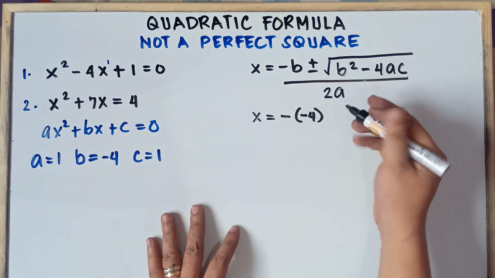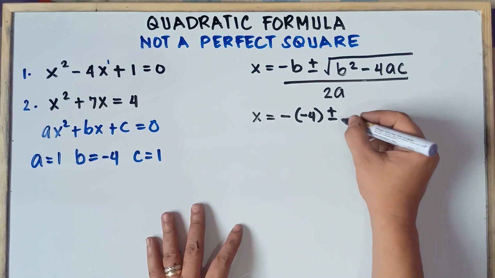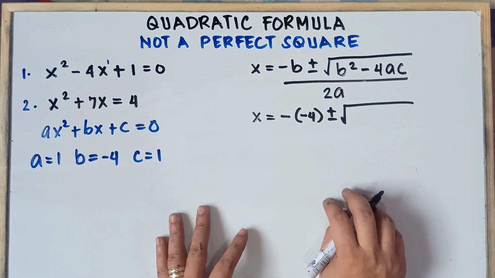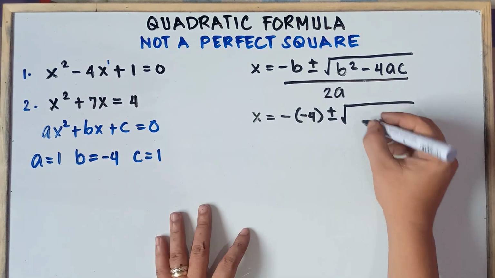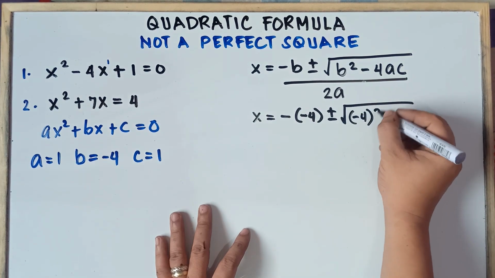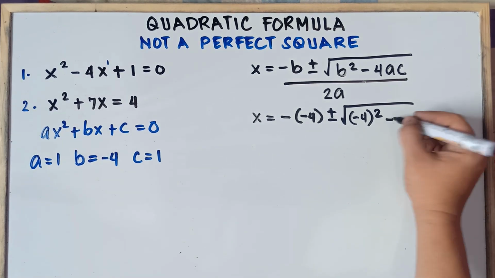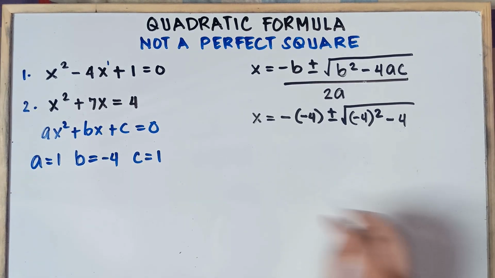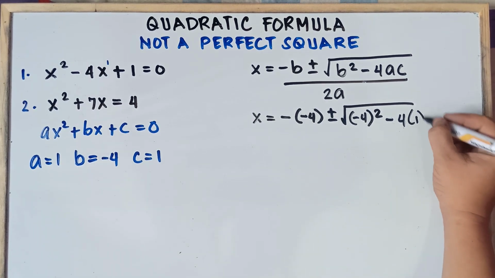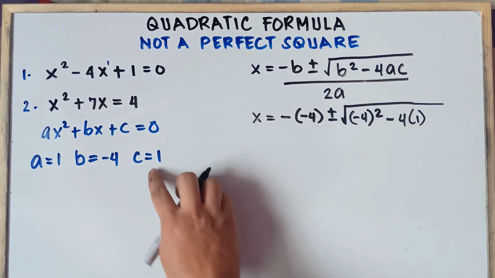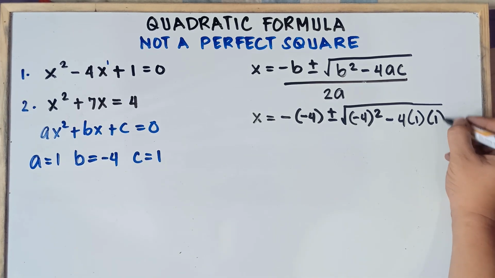Alright, and then copy plus or minus the square root of, once again, our b is negative 4, so negative 4, then quantity squared, minus 4, then our a is positive 1, so 4 times 1, and our c is positive 1, so times 1.